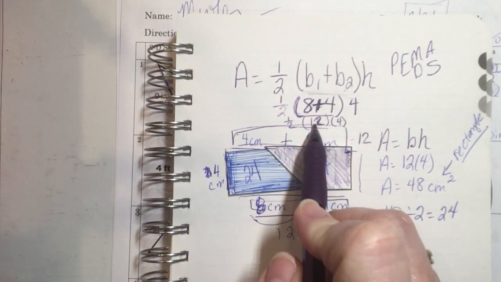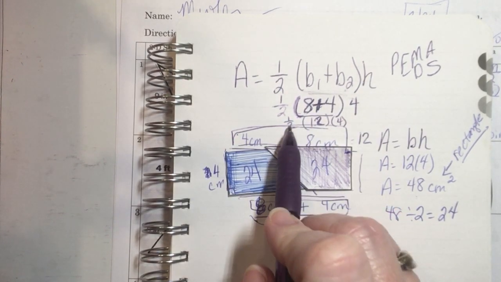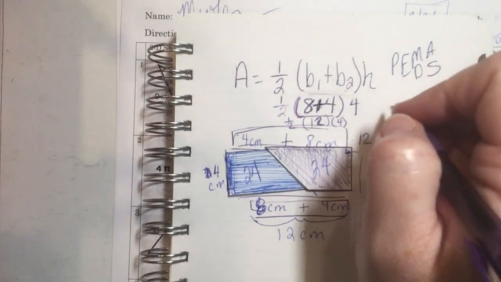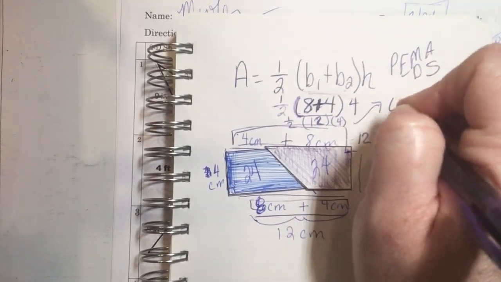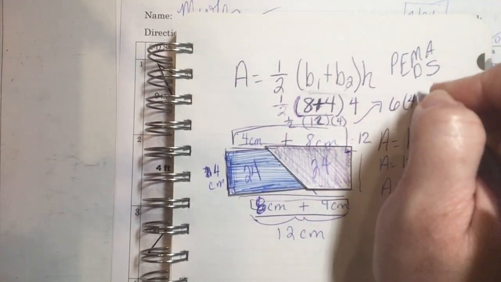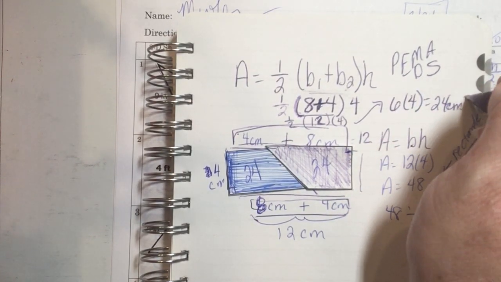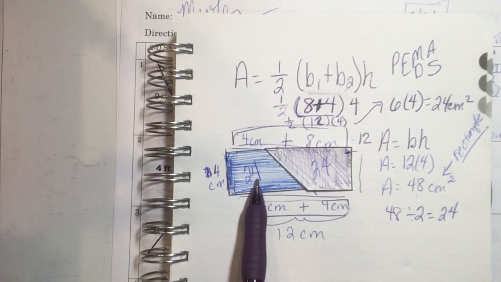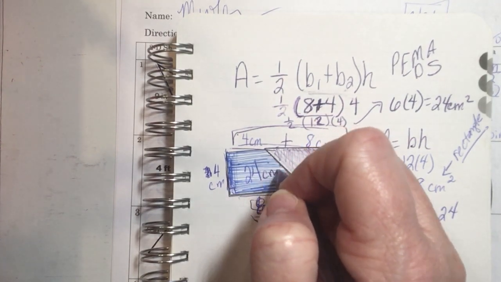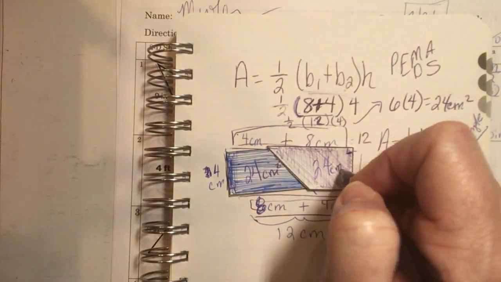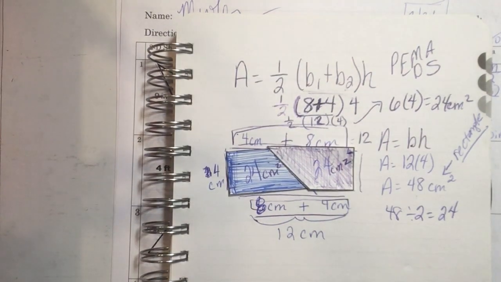We talked about taking half of something is dividing by 2, so half of 12 is 6. And 6 times 4 is 24 centimeters squared, which is what we said the area was on those two things, right? So that's how you find the area of a trapezoid.